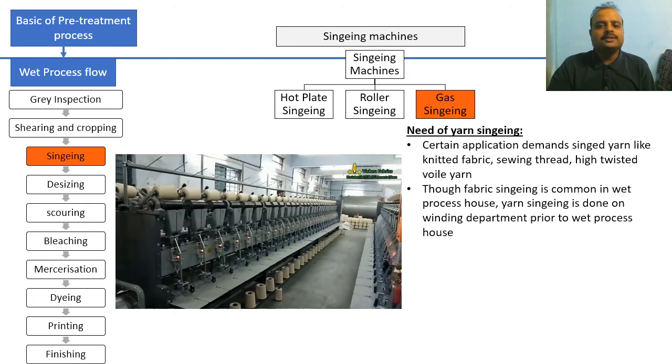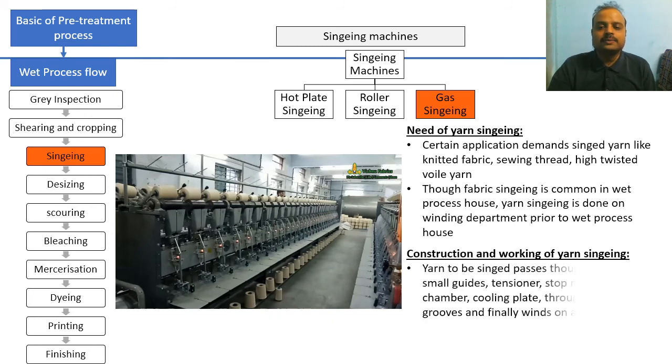Though fabric singeing is common in wet process houses, yarn singeing is done in the winding department prior to wet process houses. So let's understand the construction and working in simple language. Yarn to be singed passes through a series of small guide rollers, tensioner, and then the gassing chamber, cooling plate, and ultimately passes through the drum grooves and finally winds onto the cone or a package.